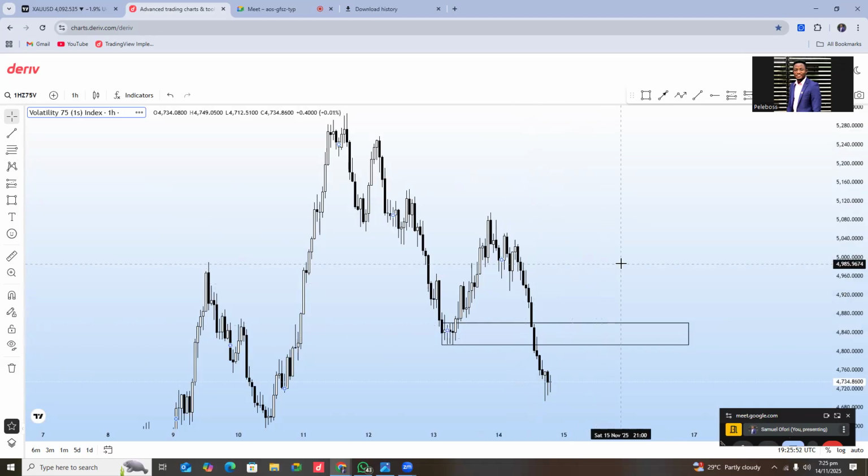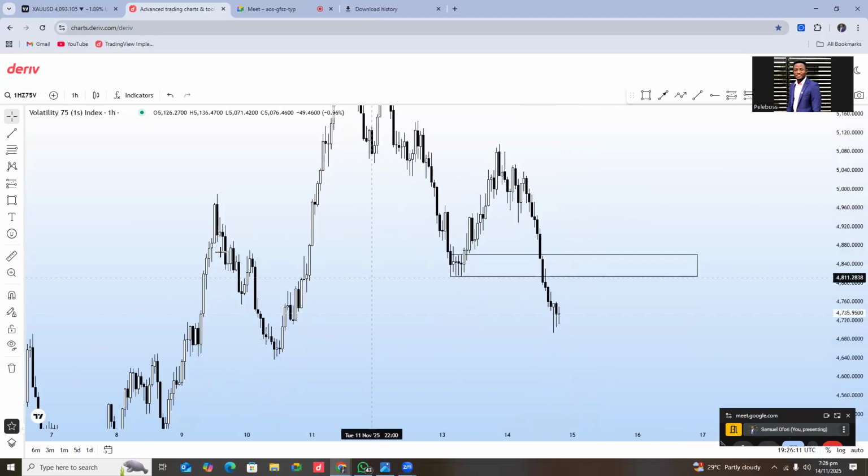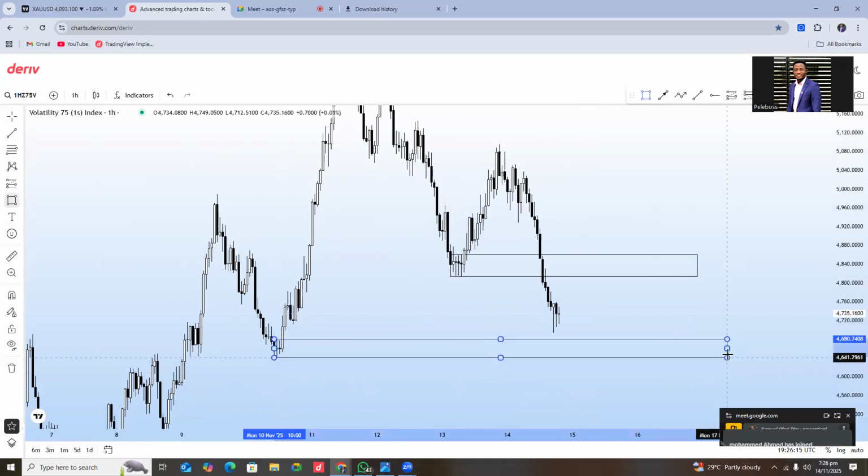If that is the case, and we are anticipating a buy from here, we don't have to go ahead and take that trade. So long as we don't see any buy confirmation, what it means is that the sellers could be pushing the price further down. Okay, look at it here. There is another one here.